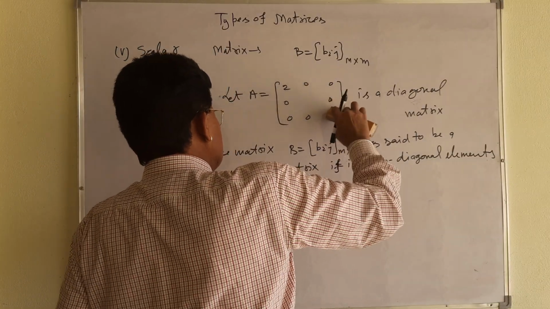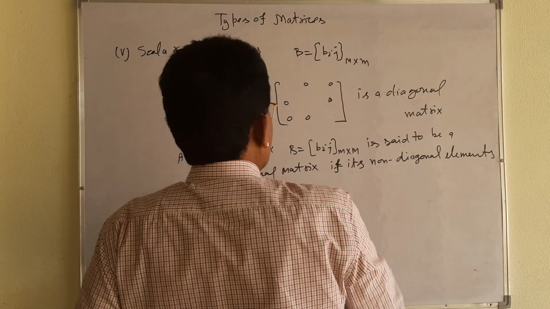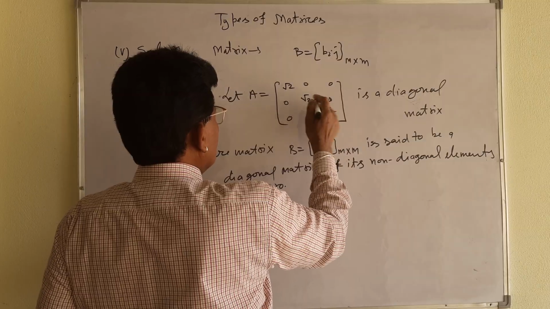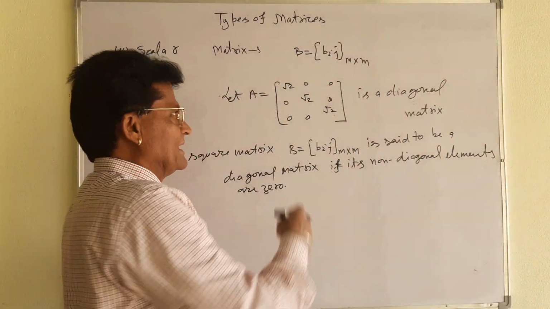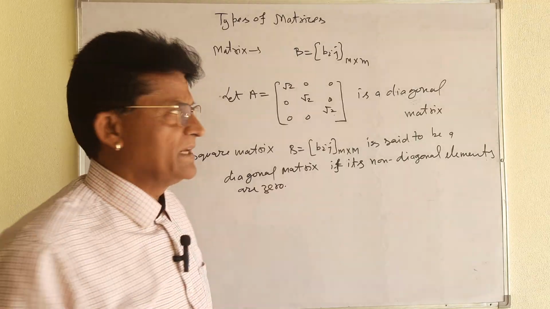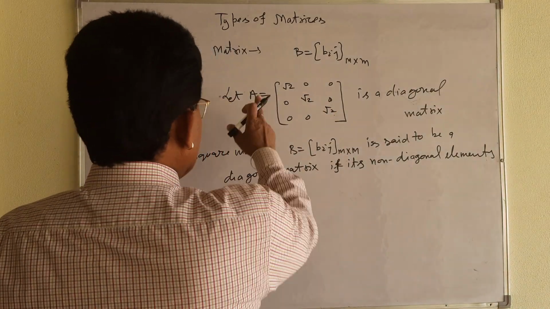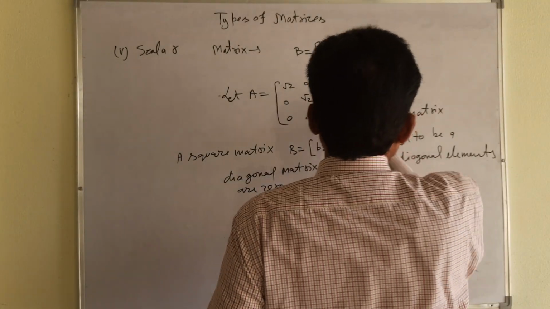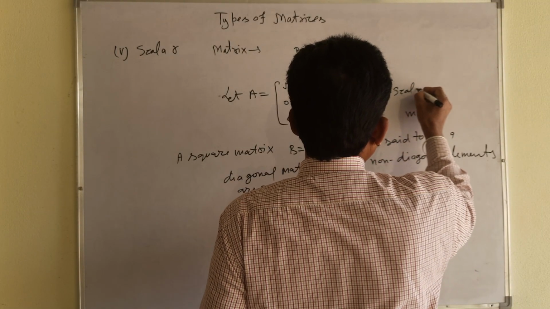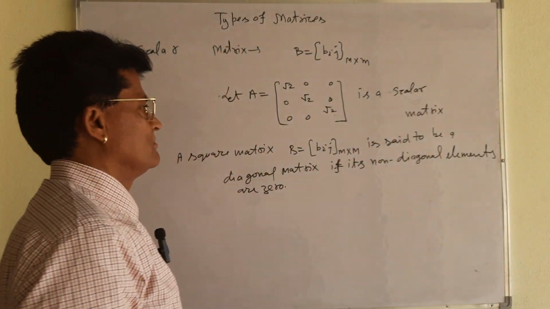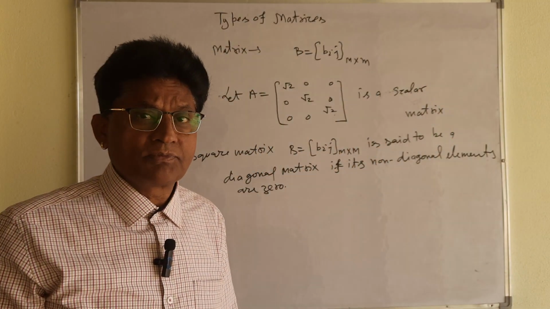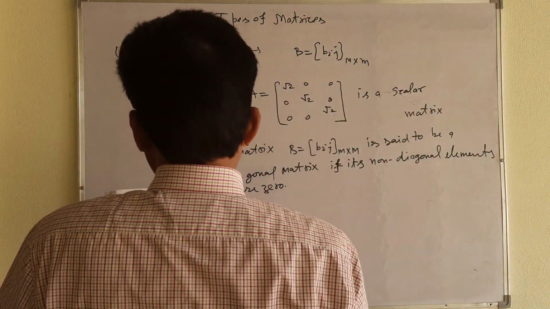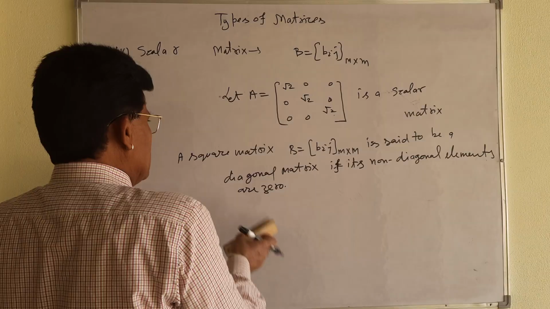Now take whatever element you like, that depends on you. Diagonal elements, like we take √2 and √2. Diagonal elements are the same and the rest of the elements are 0. Non-diagonal elements are 0. You see, it is a scalar matrix because the elements are the same on the diagonal. Very, very important matrix. Many times we will use it to find the solution of a question. That is why see carefully. This is a scalar matrix, but it is a diagonal matrix.